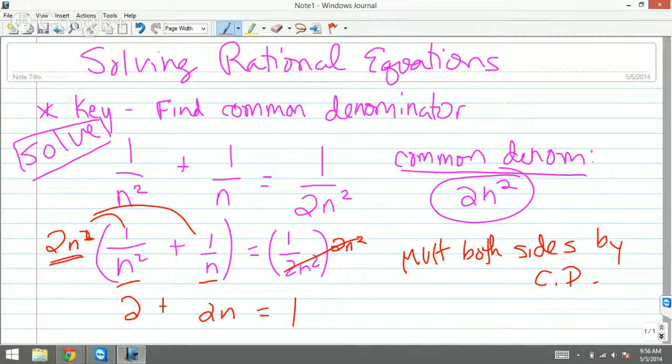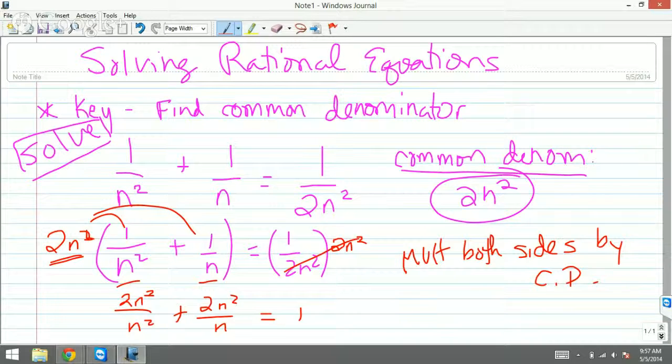Anybody not here with us? Yep, as in I don't understand. Okay, let me back up. Okay, so if I distribute that, I get 2n squared over n squared. And what do you get that? Solve for n now.